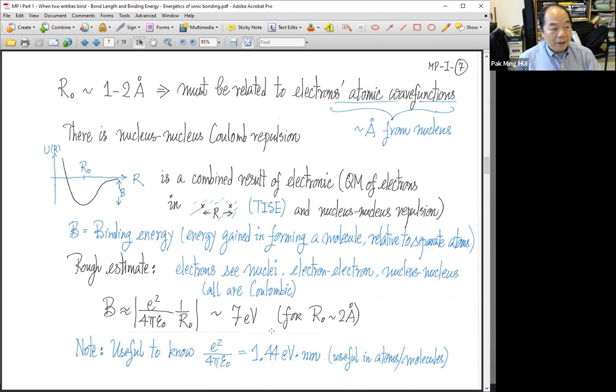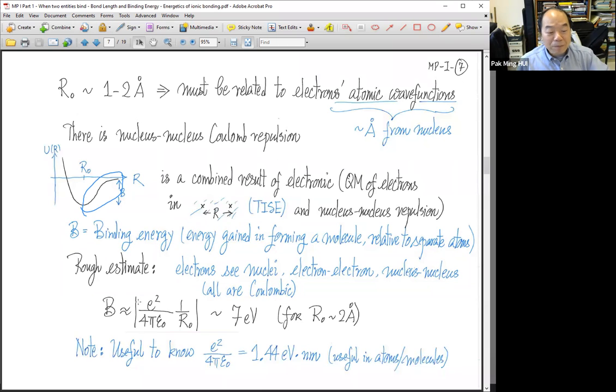Okay, so the last thing I would like you to take with you is that an estimate of the binding energy in a molecule can be found very easily. So you look at this part, it must be related to something Coulombic, right?